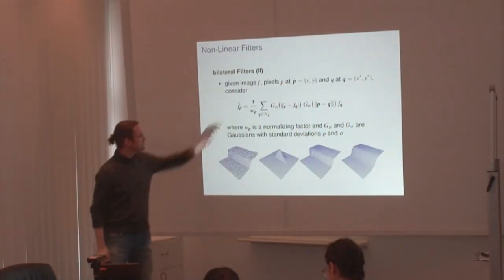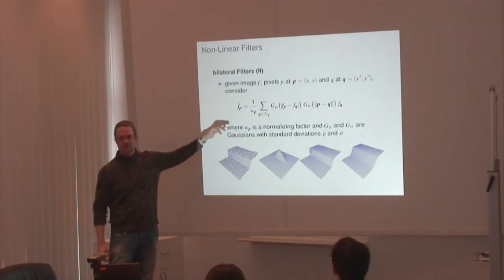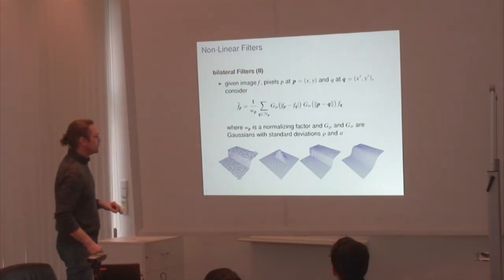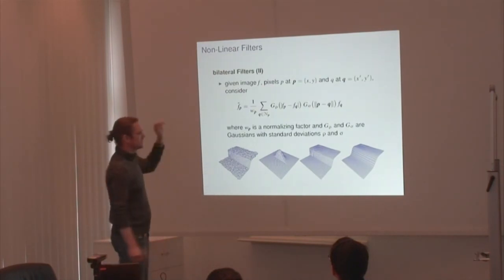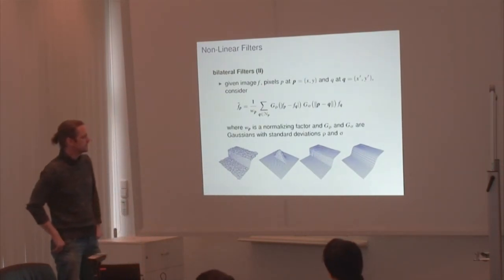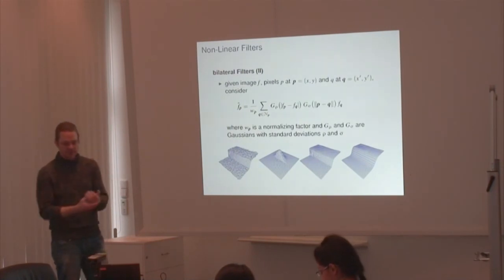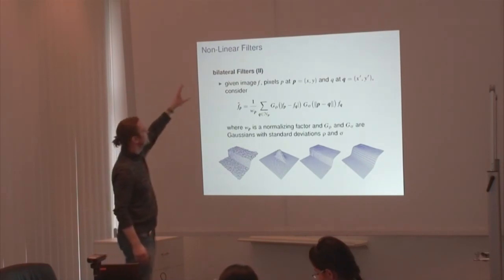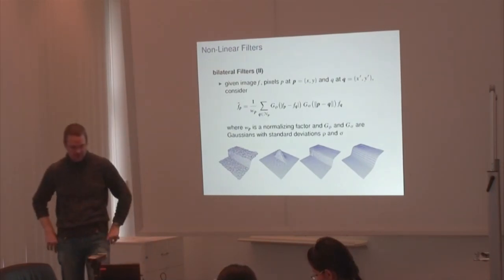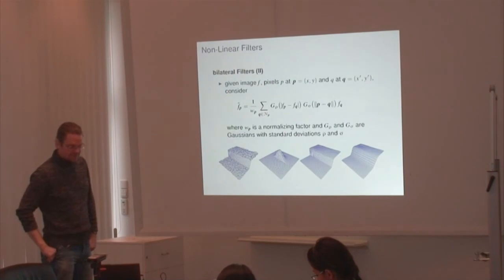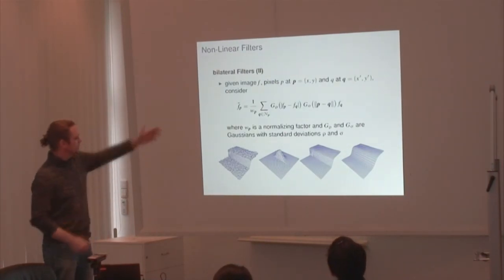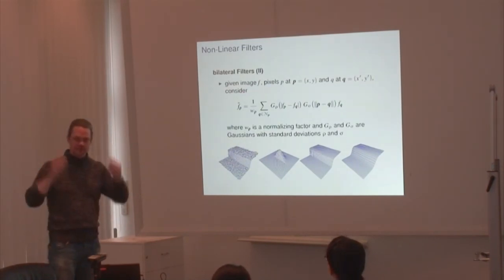Unfortunately, this is a really expensive operation. There is nothing you can do to make that efficient. There are hacks, and if you Google for it and read about it, people have proposed approximative bilateral filtering, but this is a nonlinear operation for which, to this date, nobody has come up with a more efficient way of doing it than computing it naively.